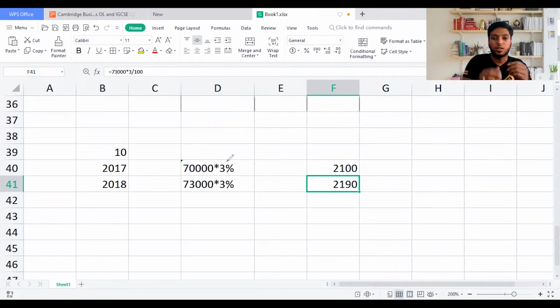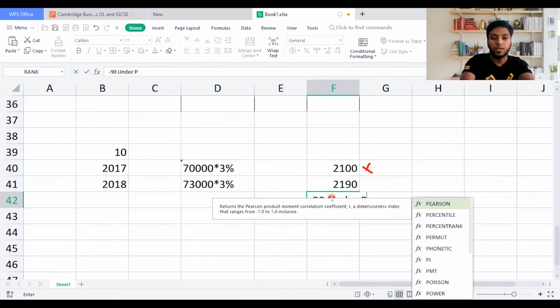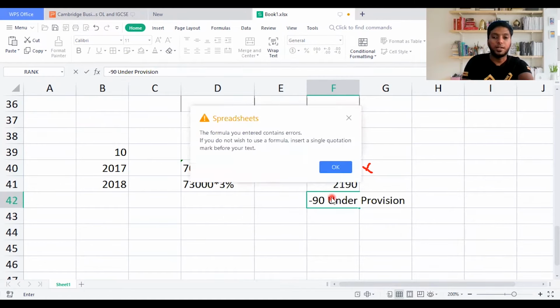If your last year provision is greater than this year provision, then it is an over provision. Here last year's provision is lower than this year's provision, which means it is an under provision. So I will consider 2,100 minus 2,190, then you have a minus 90 balance.